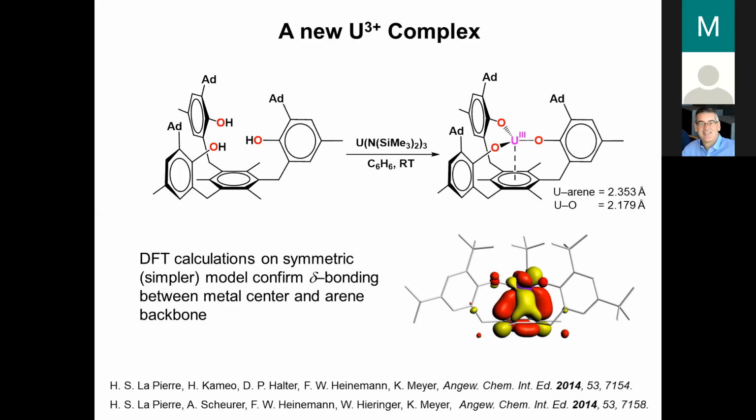Quantum chemical calculations indeed confirmed that we have a very covalent overlap between the f orbitals and the pi system of the arene backbone, the start of doing what we wanted to do in the first place and stabilize these f orbitals.